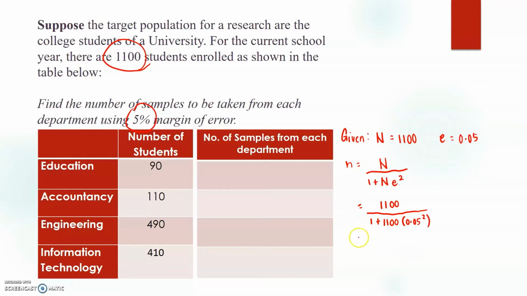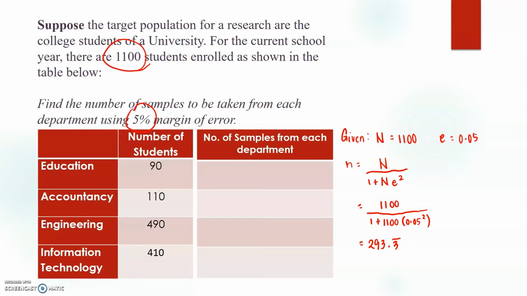Now, using your calculators, we have 293.3, and it's a non-terminating decimal, so we'll have 3 bar there.